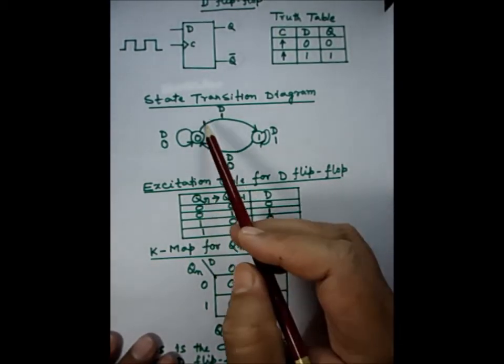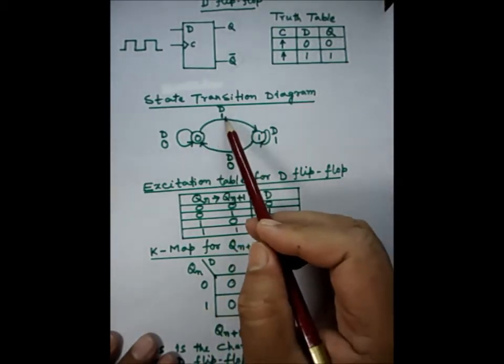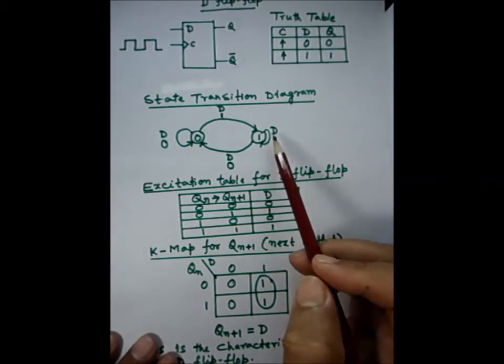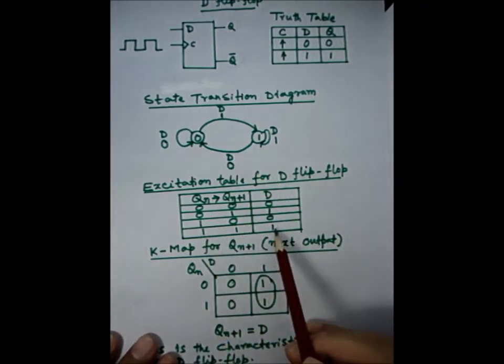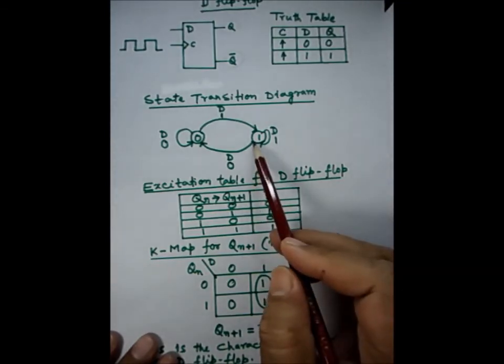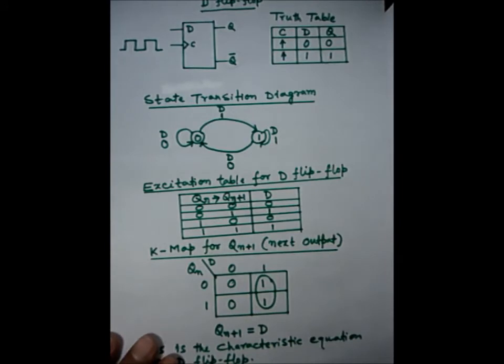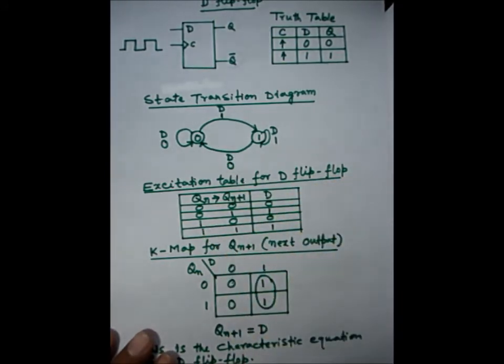When it changes from 0 to 1, D equal to 1. If your previous state was 1 and next state is also 1, then D equal to 1. If it changes from 1 to 0, then D should be equal to 0. Therefore, this exactly represents the state transition diagram in the excitation table.